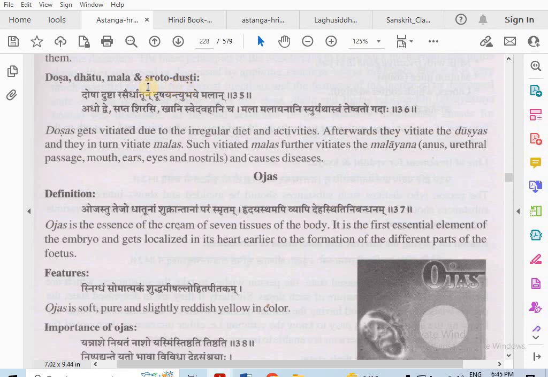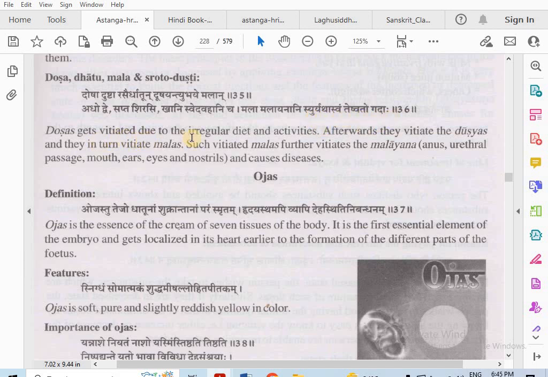How these dosha, dhatu, malas, and sroto, the channels or sites, are spoiled. The reasons are given here, and the process is given. Doshair dushtai rasair dhatun dushayantyubhaye malan, adho dve sapta shirasi khani sveda vahani cha, mala malayanani syur yathasvam teshvato gadah.